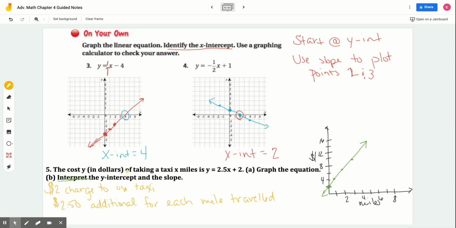So for instance, you're automatically going to pay that $2, and then you're paying $2.50 for each mile. So I could figure out how much it would cost based on how far I need to go. For instance, just a quick example, if I were going to go 2 miles, 2.50 times 2 is 5, plus 2 is 7. So to go 2 miles, it would cost me $7. We can plug that in to give us a prediction or an estimate of how much it would cost based on our problem.